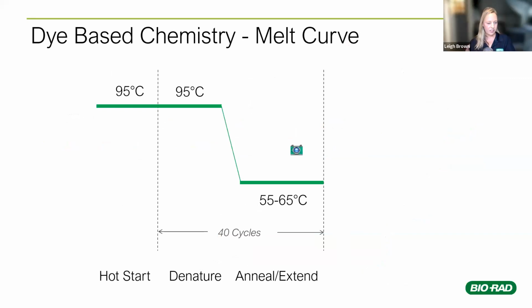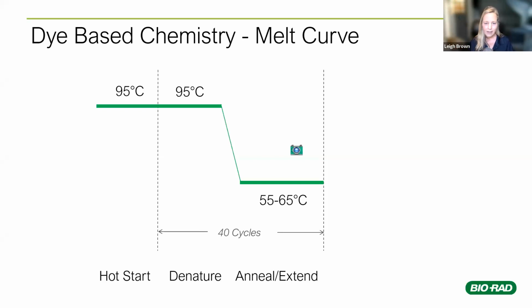So let's take a deeper look at these amplification conditions. The 40 cycles happen, right, of denaturing and annealing. And I want to point out here that instead of the 3 temperatures that we were looking at before, even on the previous screen, oftentimes you can just do 2 temperatures: 95 degrees, a higher temperature, to denature the DNA, and then somewhere in the 55 to 65 range is where your primers can bind and extension can happen.